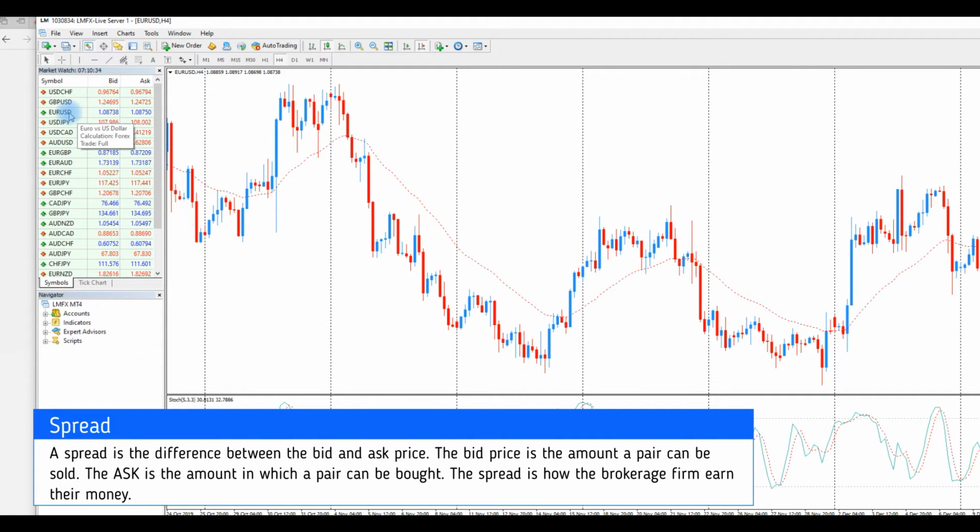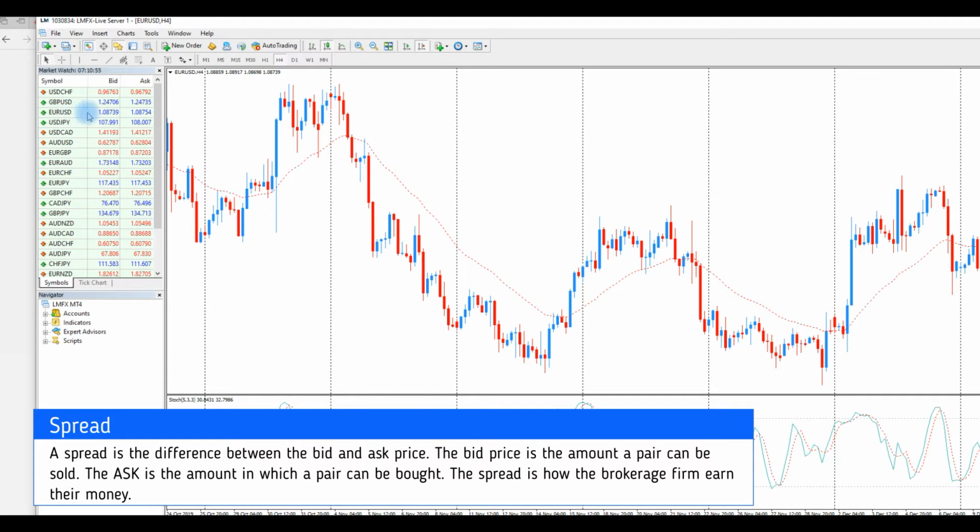Euro USD. We talked about in another video that this price right here, this 1.0875, and even this price, they're not too far off. This price is basically saying how many US dollars it would take to equal 1 euro.